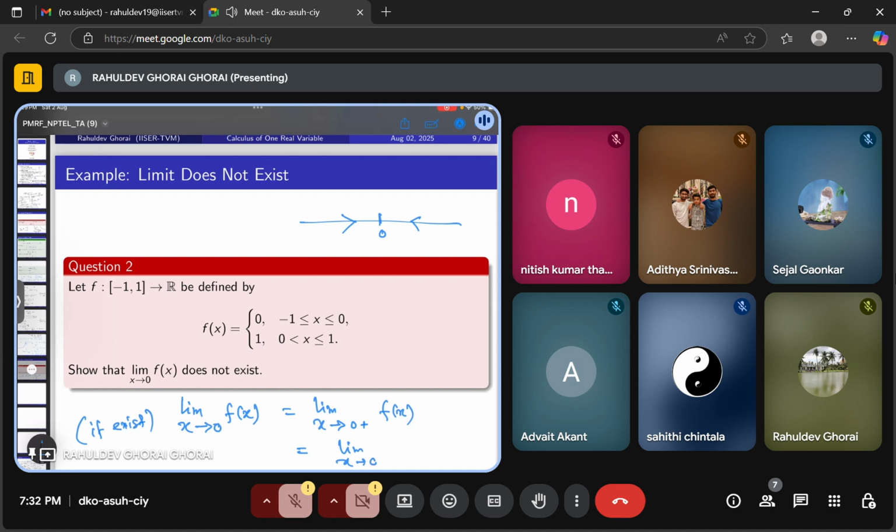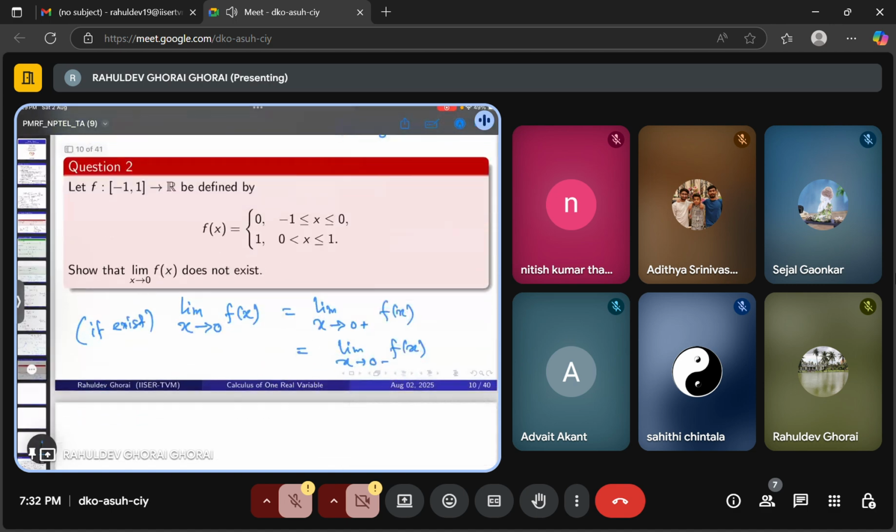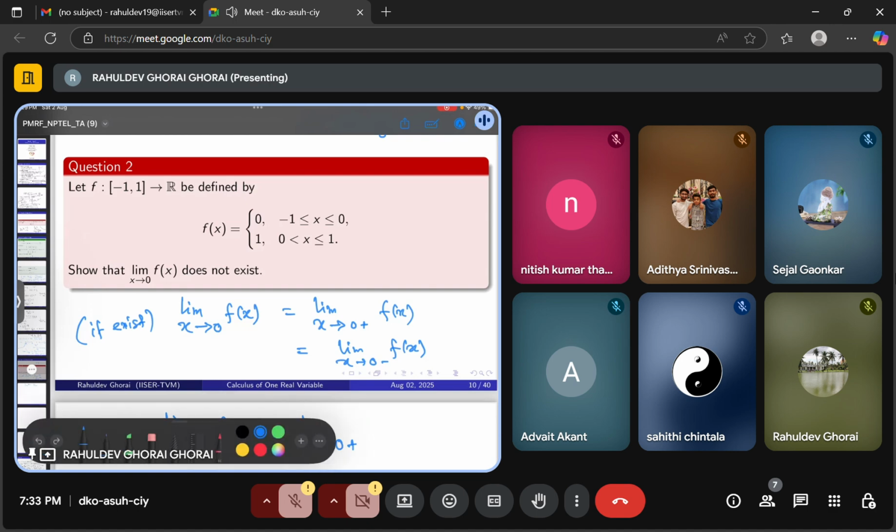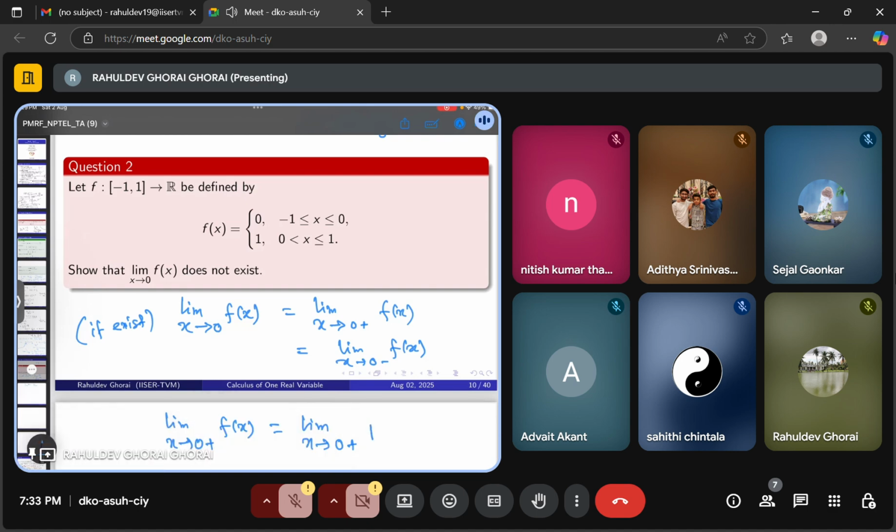Here, the limit as x tends to 0 plus of f(x): x is positive and approaching 0, and whenever x is positive, f(x) is 1. So the limit will be 1.